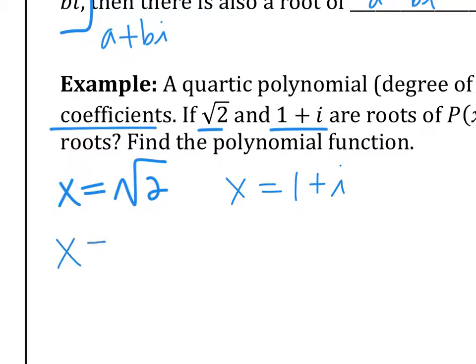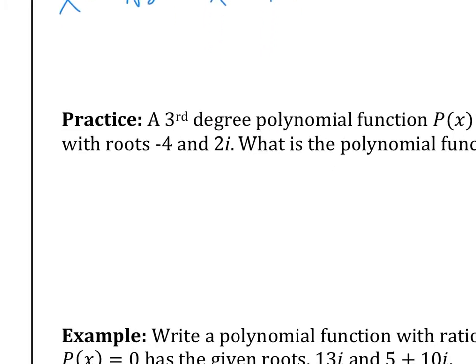The conjugate root theorem says if you have a square root, they have to come in pairs. If you have an x that is 1 plus i, what must also be a root? 1 minus i. Good. And then we have to multiply it out to find a polynomial function, but we'll do that in a second. Let's try another one.